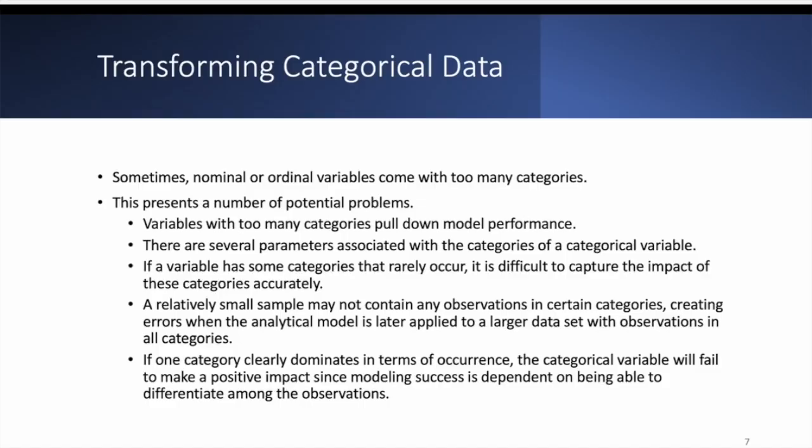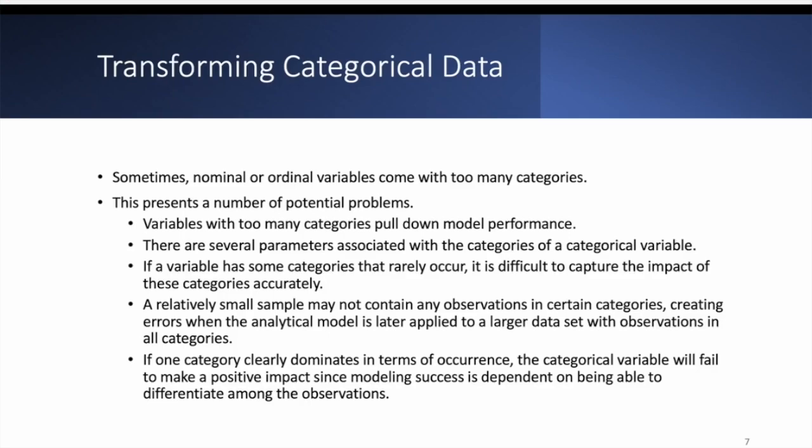The second problem is what? If the variable has some categories that rarely occur, it's difficult to capture the impact of these categories accurately. Also, a relatively small sample may not contain any observation in certain categories, creating errors.